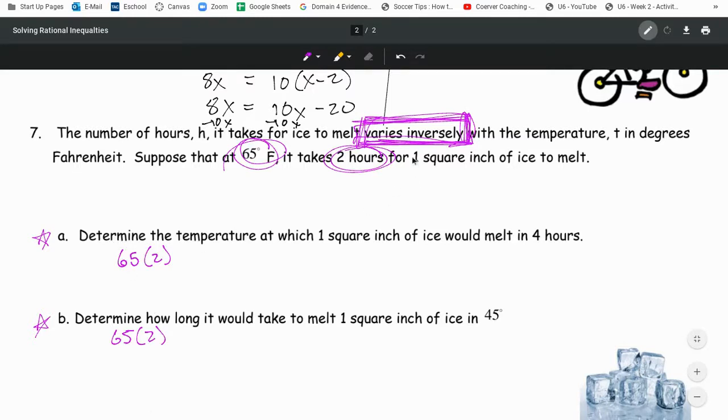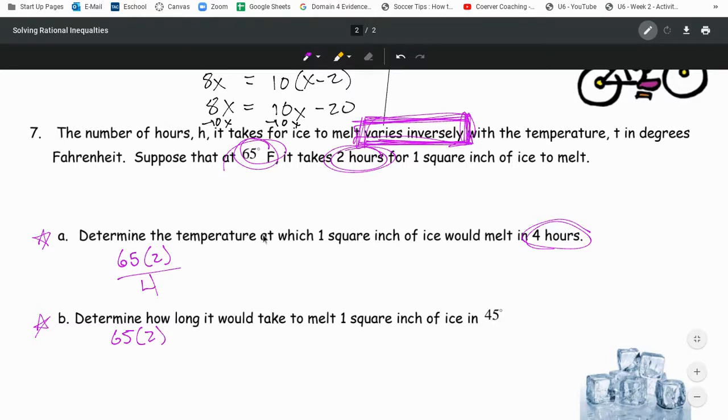So don't worry about this 1 square inch. That's just telling you how much is going to melt. So it says determine the temperature at which 1 square inch of ice would melt at 4 hours. So I take the two numbers that go together, 65 and 2, and I multiply them, and then I divide by the other value it gives me. Okay, part B, determine how long it would take to melt 1 square inch of ice at 45 degrees.